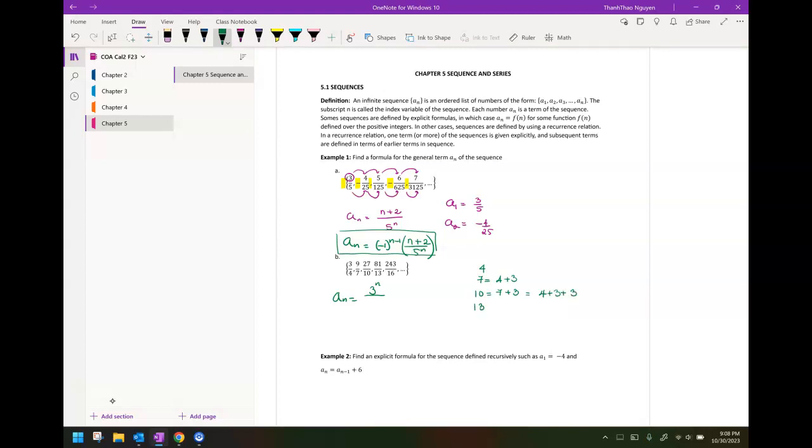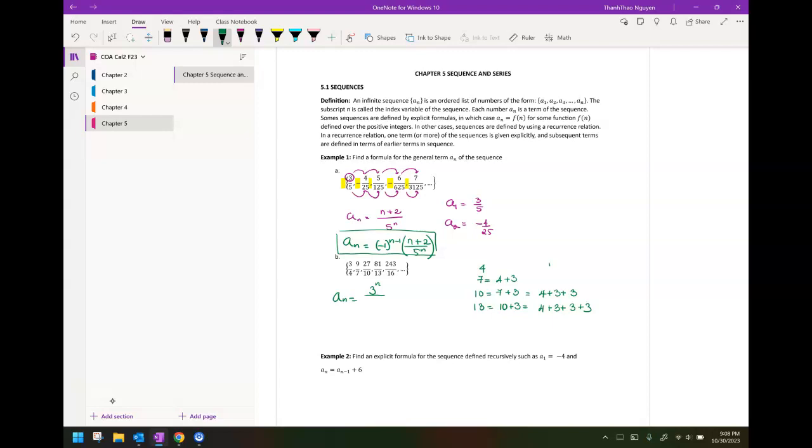The next one, 13, is 10 plus 3. So previously we have 4 plus 3 plus 3 plus 3. So similarly, we add 3 each time.